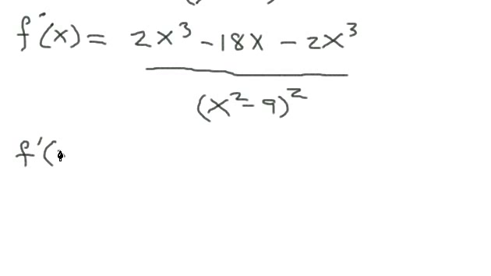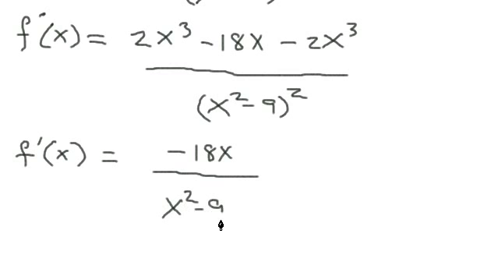F prime of x is equal to, now as you can see, we have a 2x cubed and a minus 2x cubed, so they're going to cancel out, and we're just going to be left with negative 18x over x squared minus 9, quantity squared. Okay, finally we took the derivative.